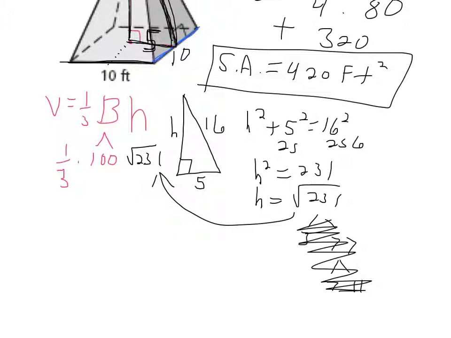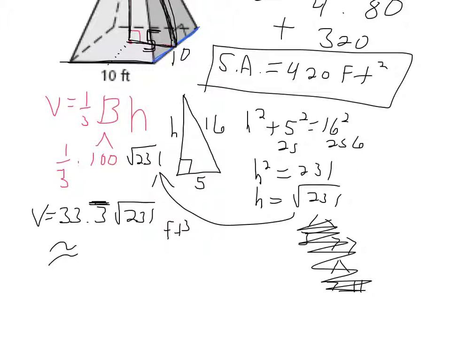So if you do 1/3 times 100, that's 33 and 1/3. I'm going to write 33.3 repeating, radical 231, and that would be our exact answer for volume. Because I have this repeating sign on there, it means that it keeps going and I'm not rounding, and that would be cubic feet.